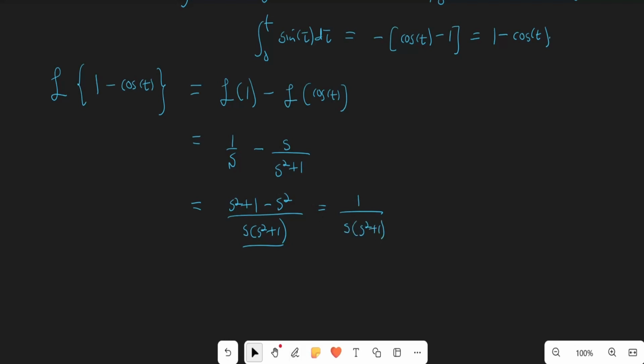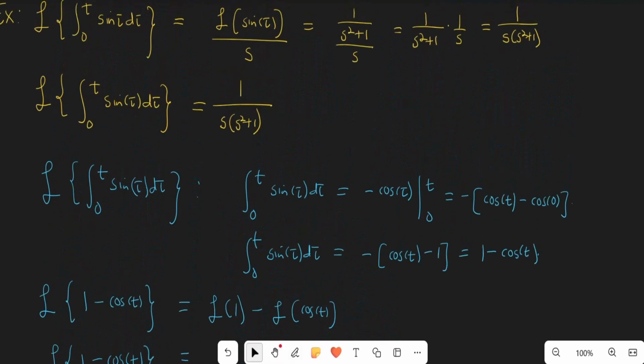And this is equal to the Laplace transform of 1 minus cosine of t, which is the same as the integral from 0 to t of sine of tau, I beg your pardon. So this is what we have, and you see that this answer is exactly equal to the answer we got from using our formula.